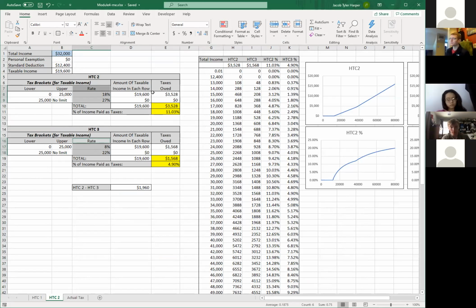Other than that, we're using the exact same if statement for taxable income, and the exact same if statement to figure out how much is in the first tax bracket versus the second, and just changing those two numbers. So if you want, you can essentially just copy and paste this section down below and update it accordingly.